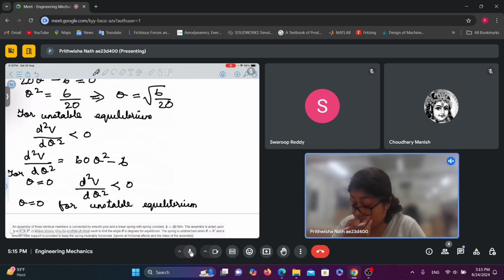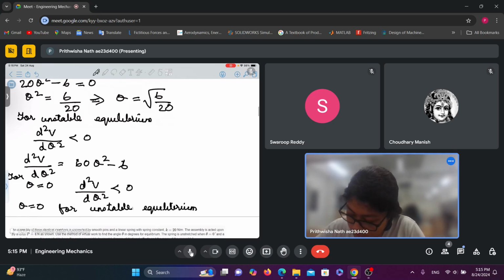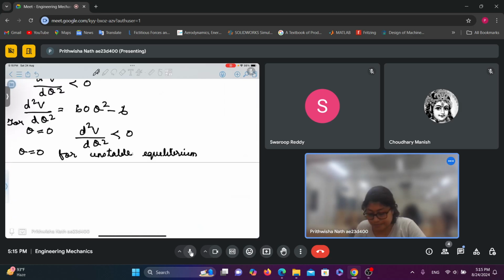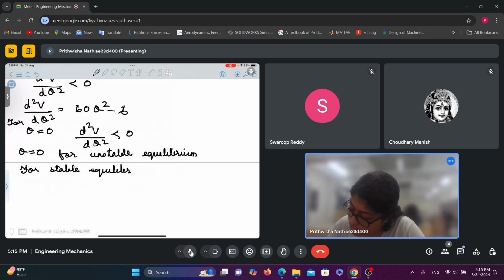So I'll write the conditions for the equilibrium. For stable equilibrium, the second derivative should be greater than 0.